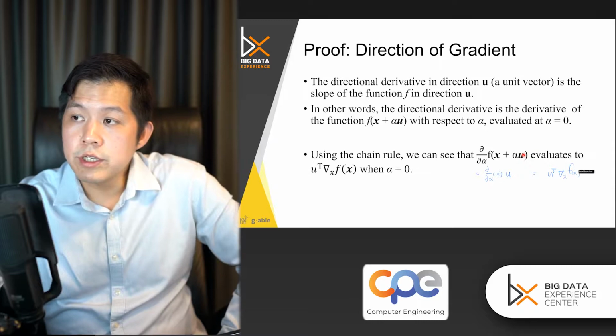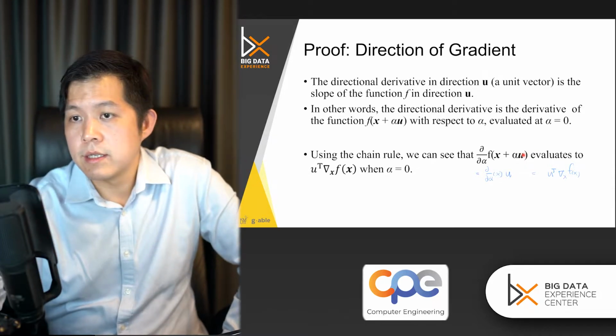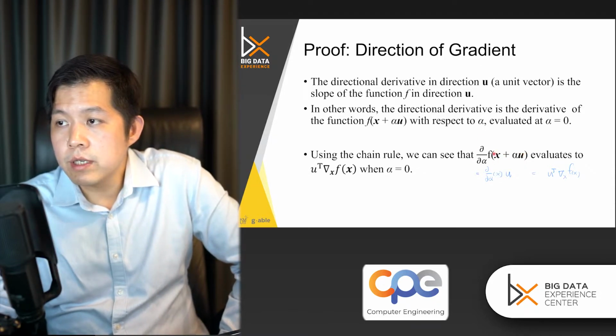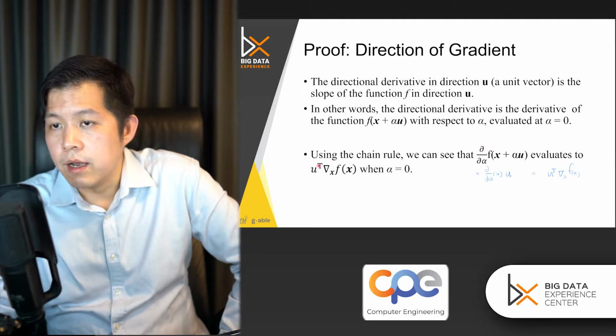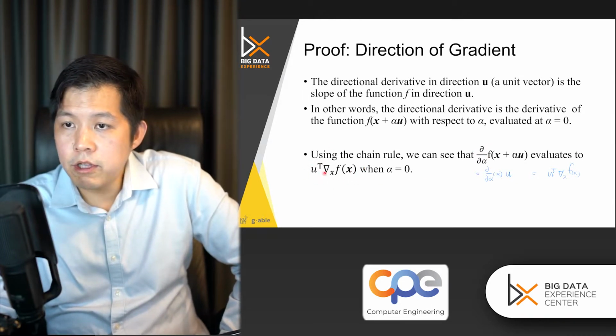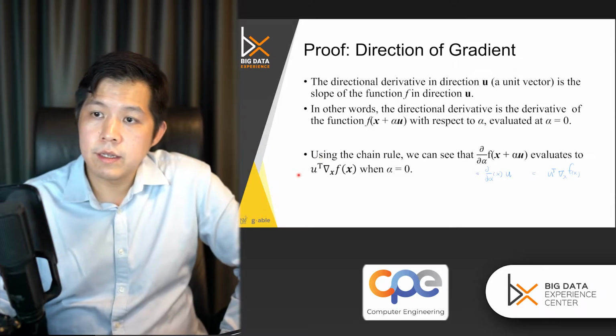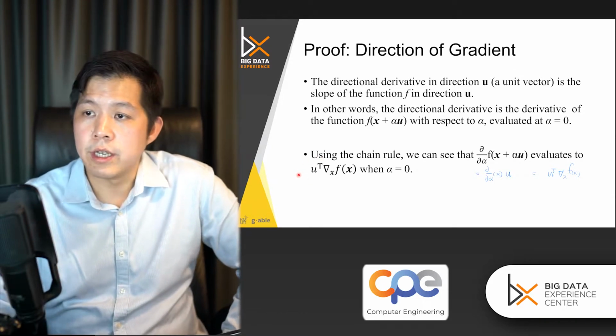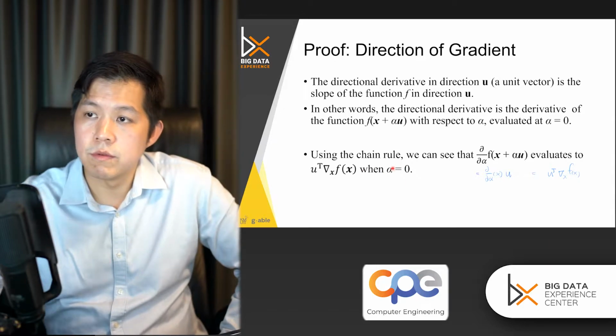So using the chain rule, what does it mean by this? It means that when we calculate the partial derivative of certain parameters, it can be evaluated as the rate of change of the function, and then multiplied with the change itself when the change is a really small value.